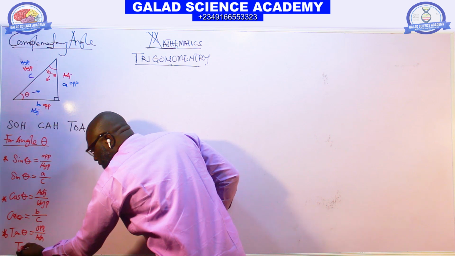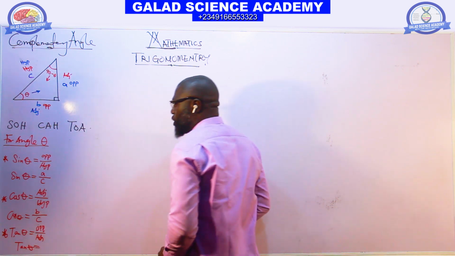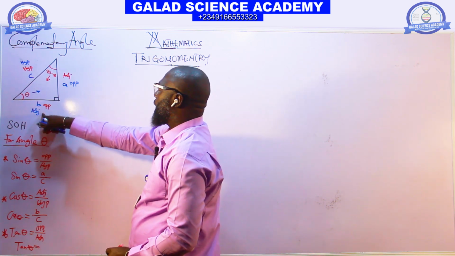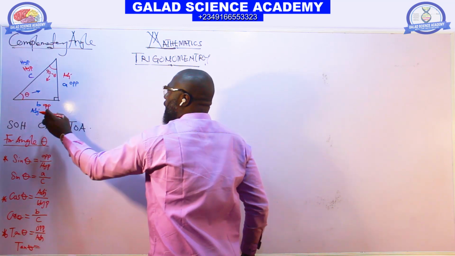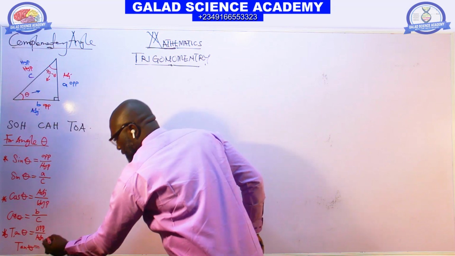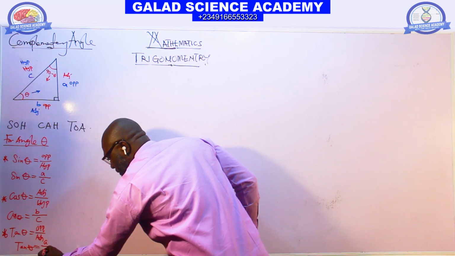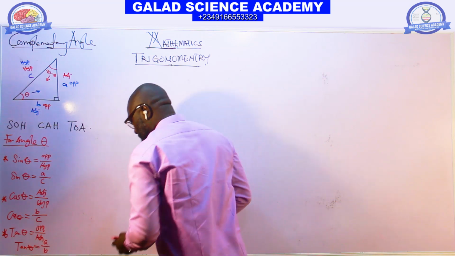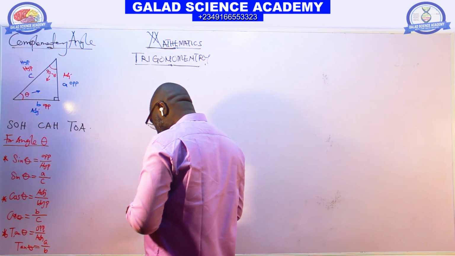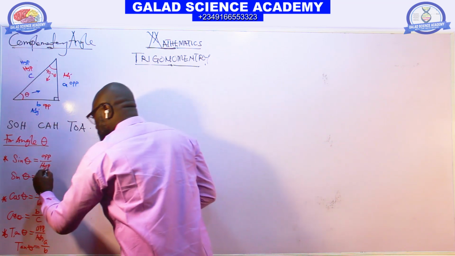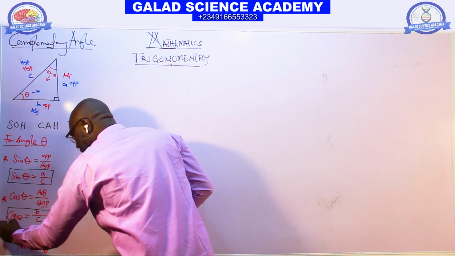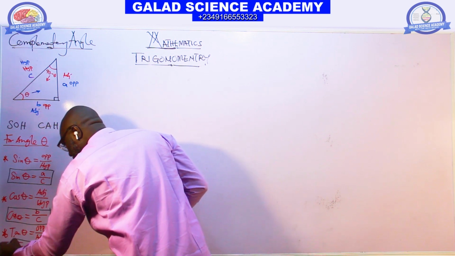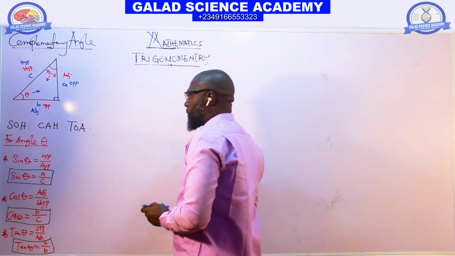Tan theta should be equal to A over B. Good. This is the definition for sin theta, definition for cos theta, and definition for tan theta.